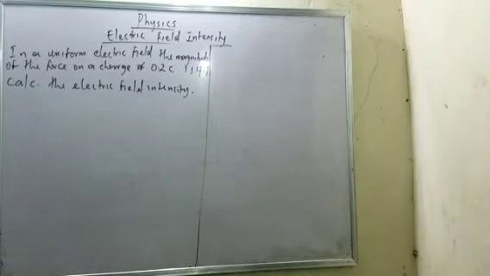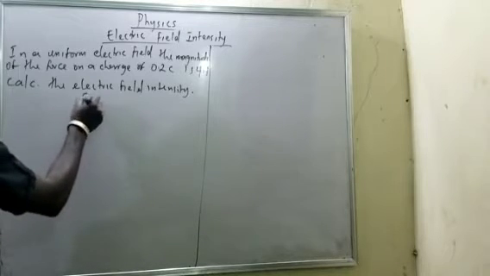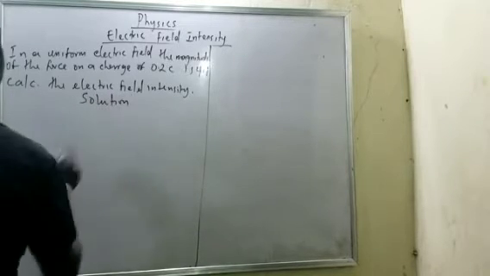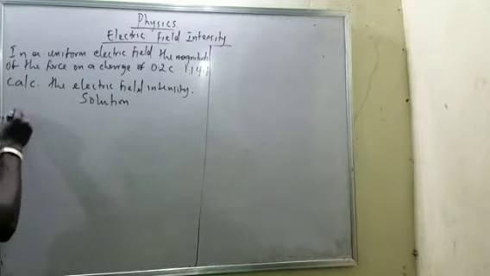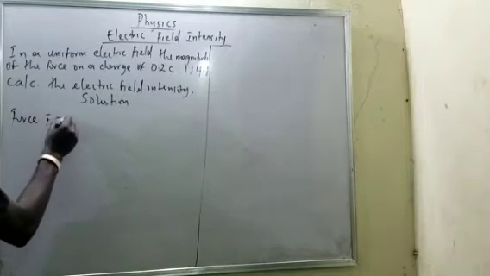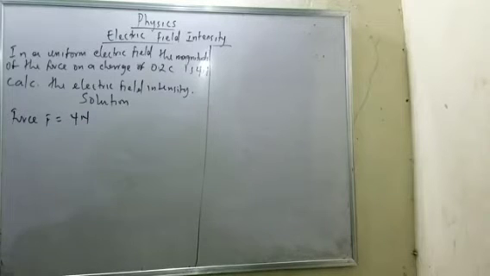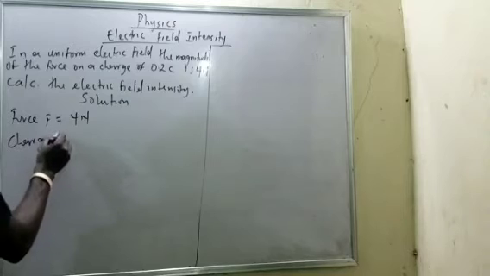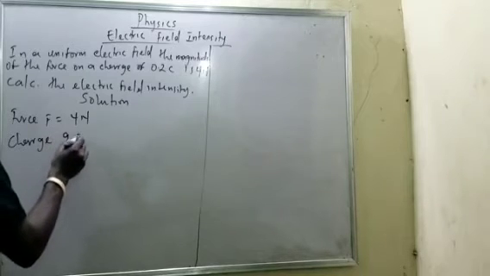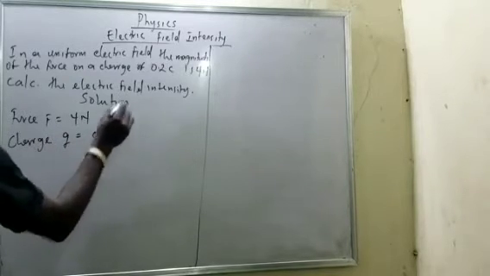Now I have this problem to solve. Solution. How do I solve this problem? Now I know my force, which is F, is 4 Newton. What else do I know? I know my charge. My charge we all denote it by Q, which is 0.2 coulomb.